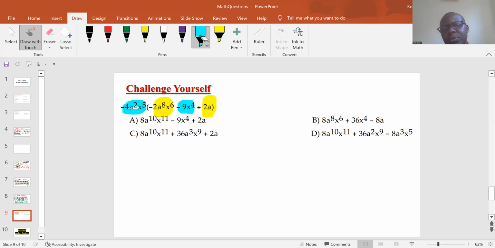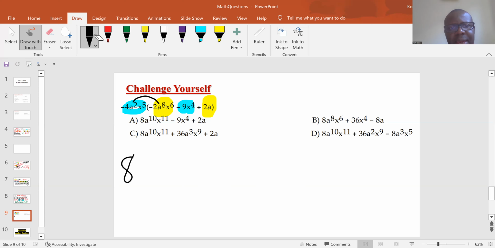But when we are doing multiplication between a's or between x, we will add their powers. But remember, the sign is also important. So negative multiplied by negative returns positive. Now, to be specific, the first part. So negative multiplied by negative is positive. 4 multiplied by 2 is 8.